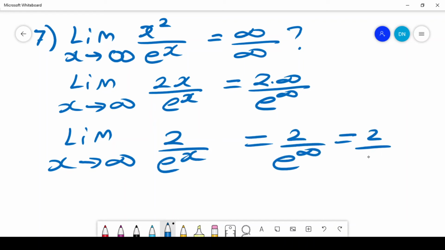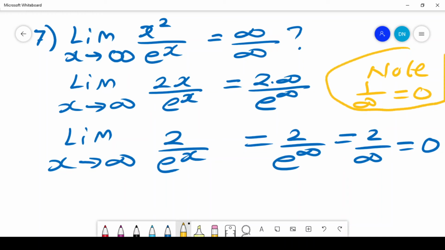Remember that 1 over infinity is equal to 0. If you keep that in mind, then that would be the answer. So you note that we have differentiated this twice for us to get the limit.